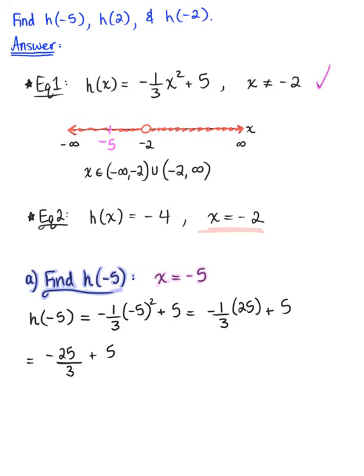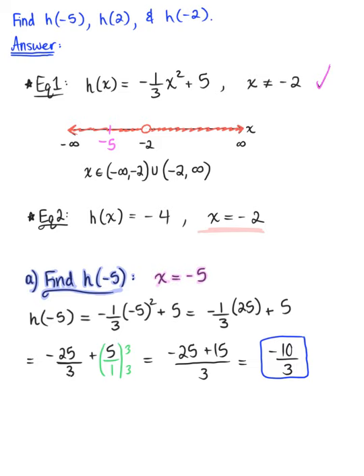To get that common denominator, I'm going to think about 5 as being 5 over 1, and then we'll multiply the numerator and denominator by 3. So this leaves us with negative 25 plus 15, all divided by 3, which simplifies to a beautiful final answer of negative 10/3. So the answer to part A is negative 10/3.